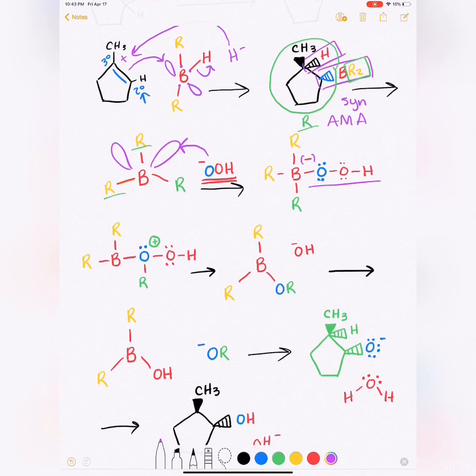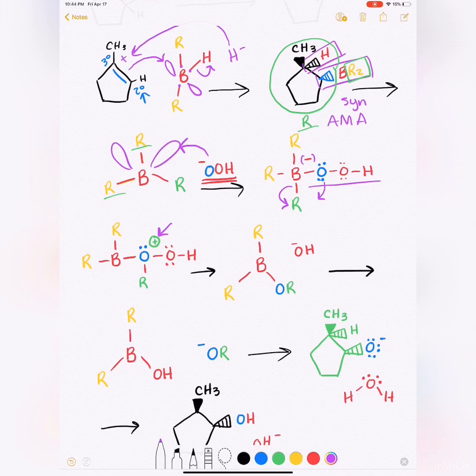To compensate for it, boron is going to kick off this green R group, and oxygen is going to grab it. So now boron only has 3 connections. Its formal charge is now compensated for, but oxygen has this positive formal charge.